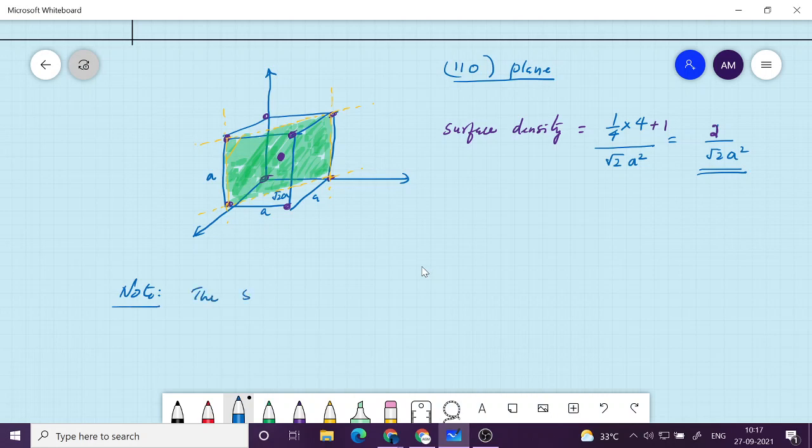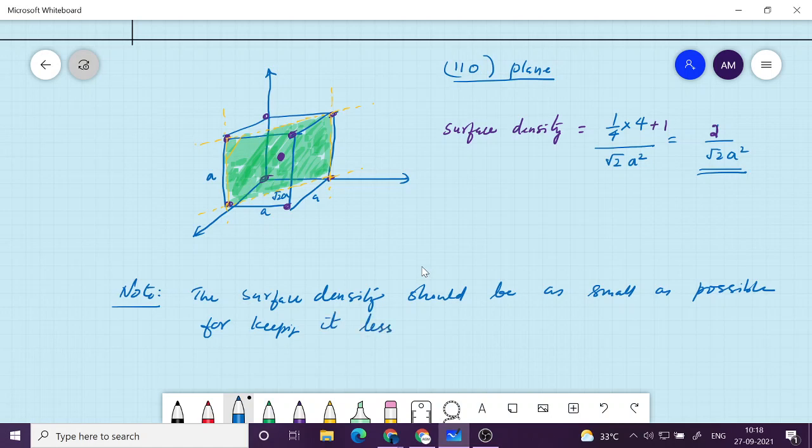The surface density should be as small as possible, and the reason is for keeping it less reactive.